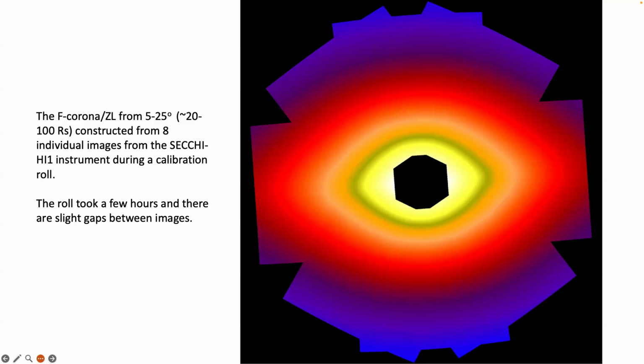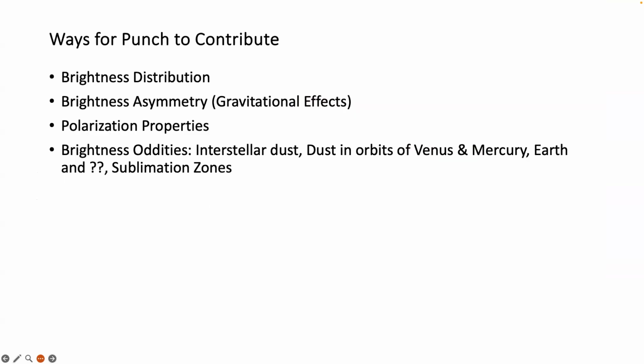This calibration roll, by the way, which I mentioned a day or so ago, took about 8 hours, and the images are slightly off. They don't match exactly from one to the next, and so there's a slight gap between them, and that's the problem that we're going to have.